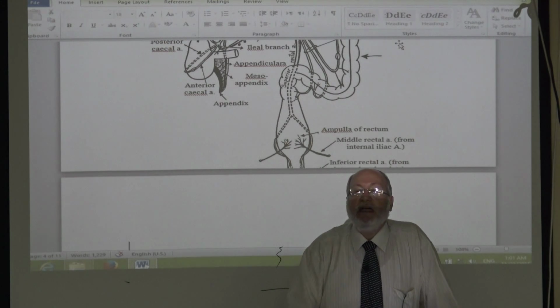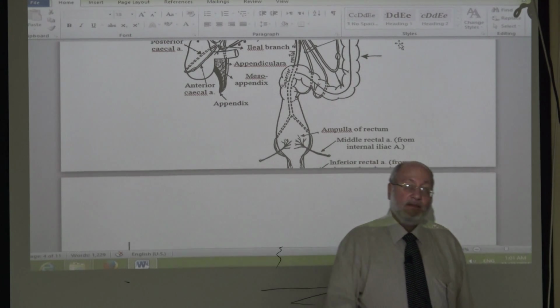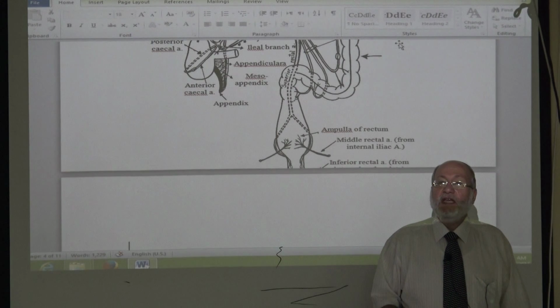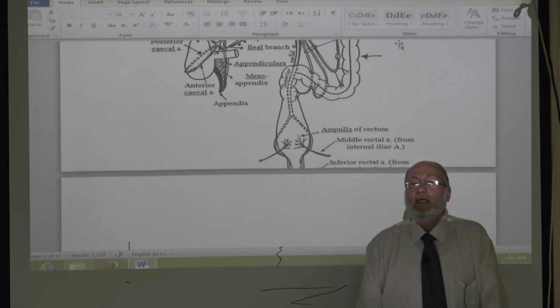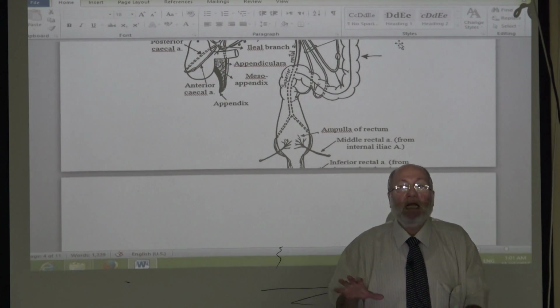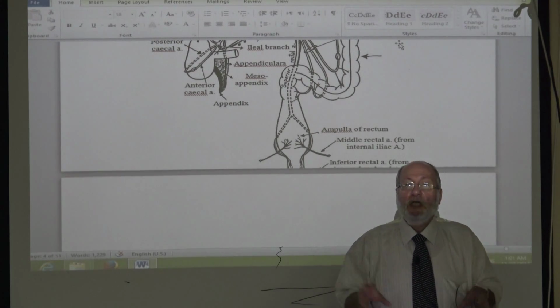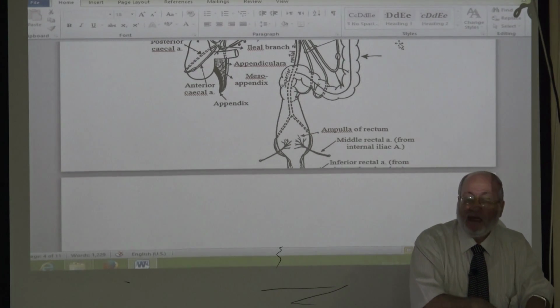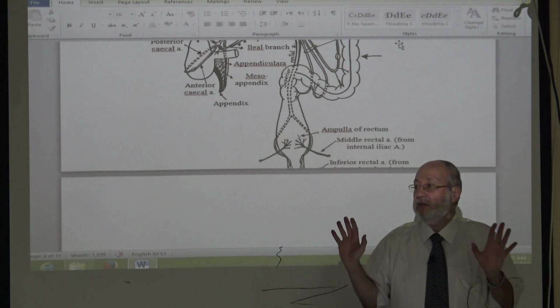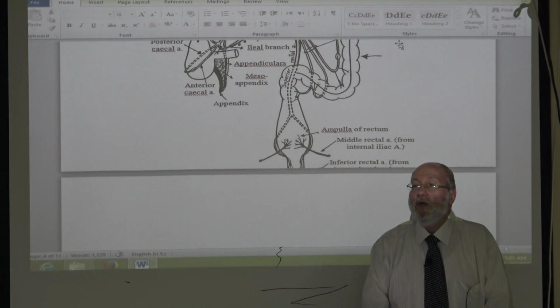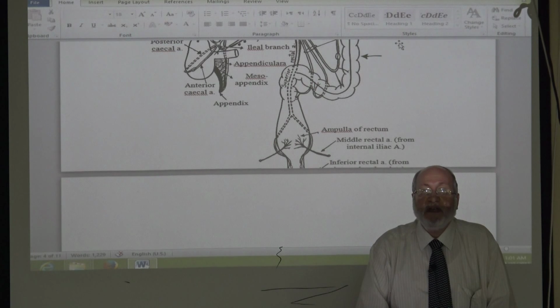What is the venous return of the gut? The venous return of the gut is the portal circulation, which is the portal vein and its tributaries. Okay? What are the tributaries of the portal vein?